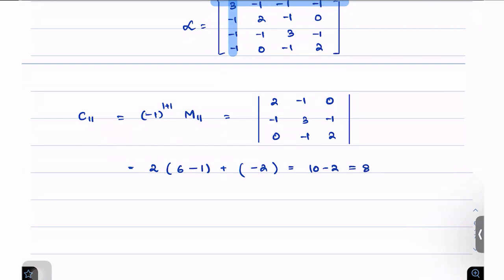Meaning the cofactor here is 8. This implies that the number of spanning trees that we should get should be 8.